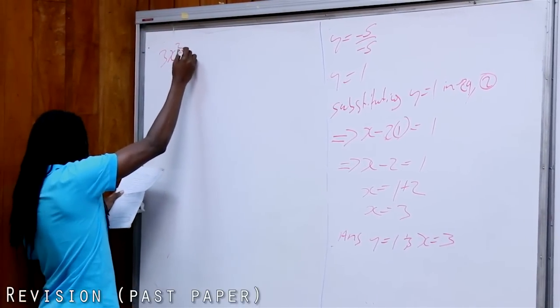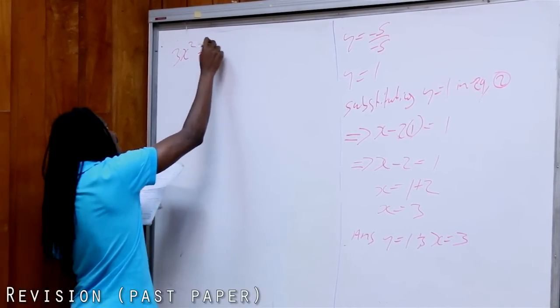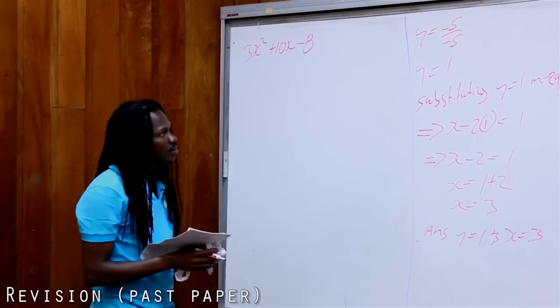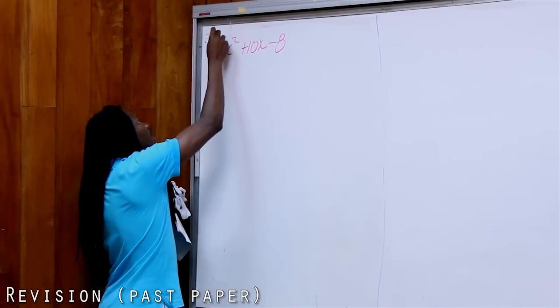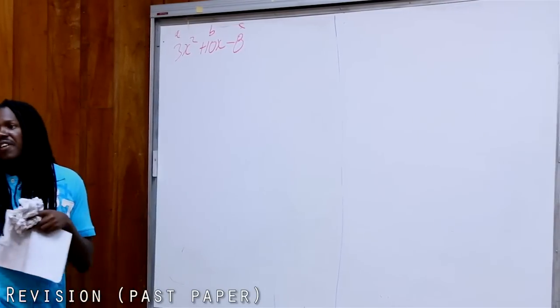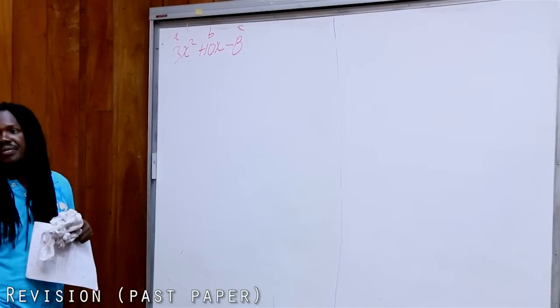3x squared plus 10x minus 8. a, b, c. That's factorizing a quadratic equation.